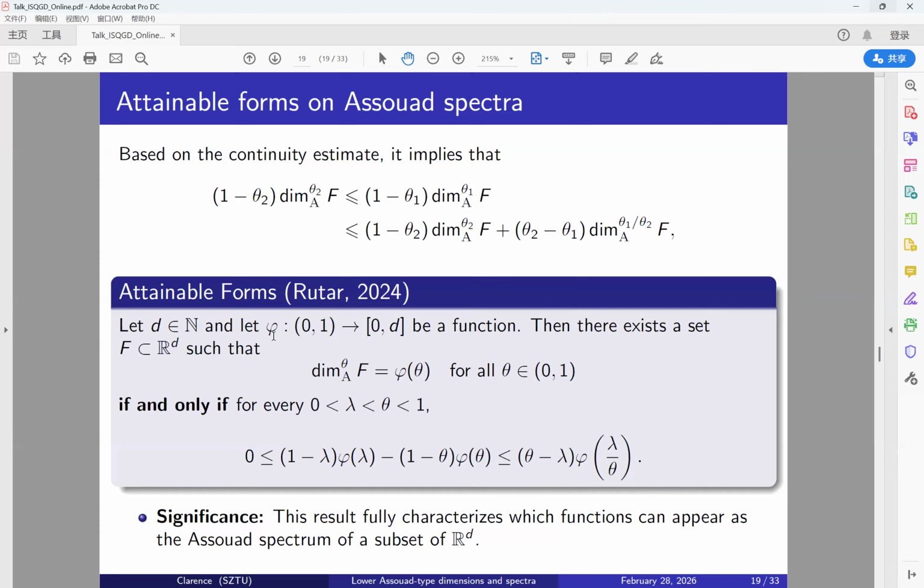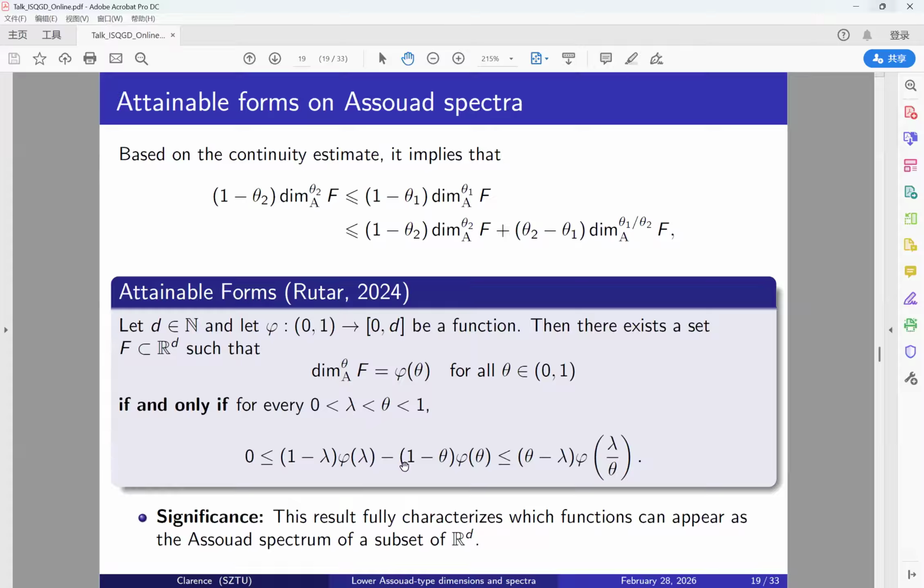In 2024, Alex Ritter gave a complete characterization of the Assouad spectrum, like the following. Let d be a natural number, and phi be a function satisfying this inequality for any lambda more than theta.